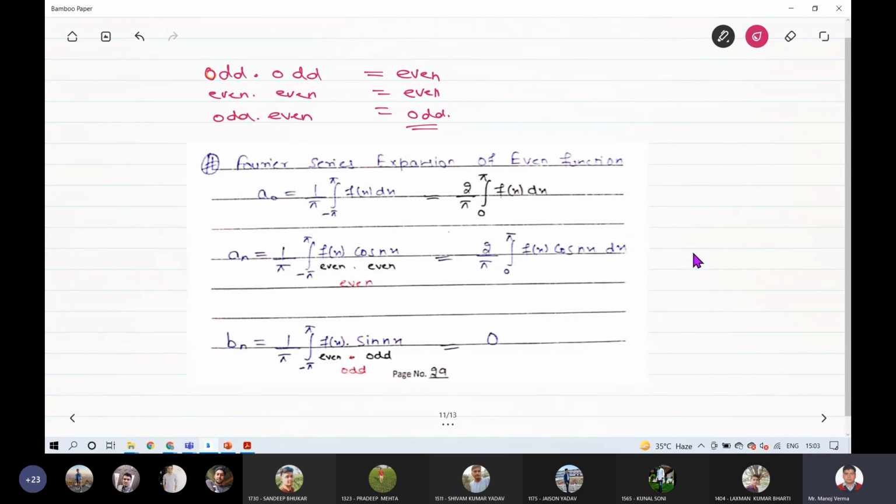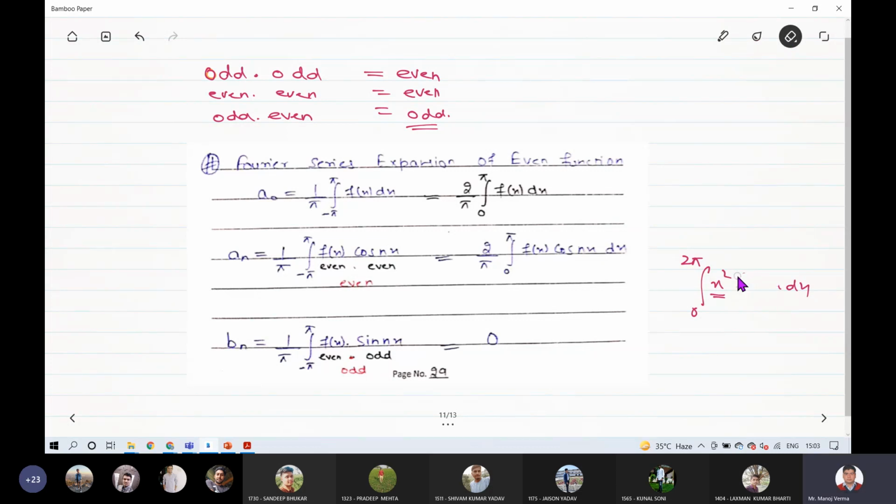Generally in exam, students क्या गलती करते हैं, limits दिया होता है 0 to 2 pi, and x square dx, या इवन फंक्शन कोई भी एक इवन फंक्शन दे रखा है x square cos x dx. Now this is x square sin x.